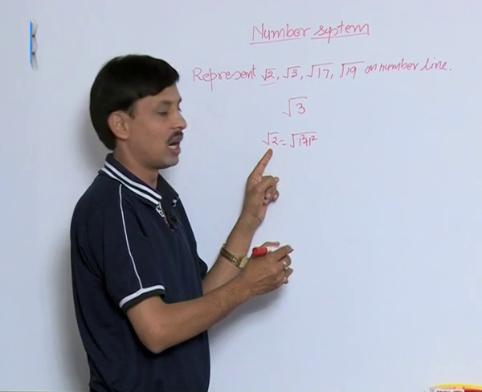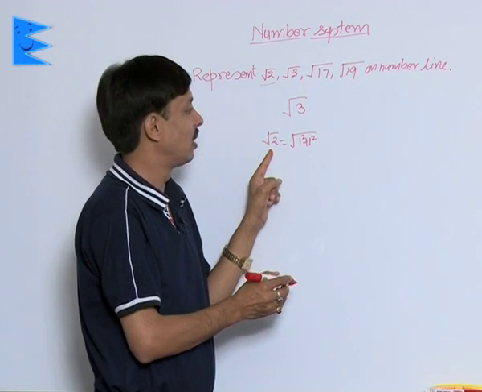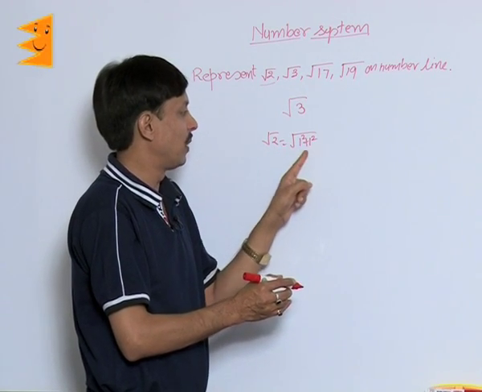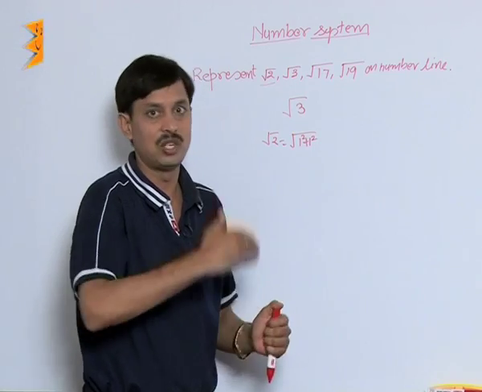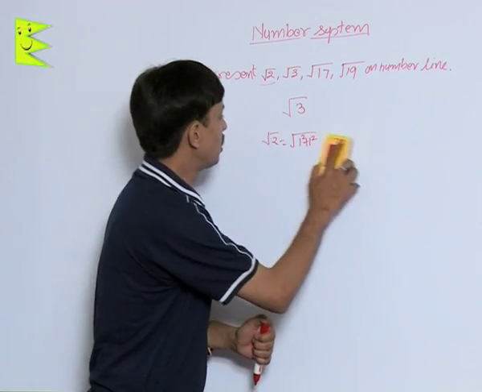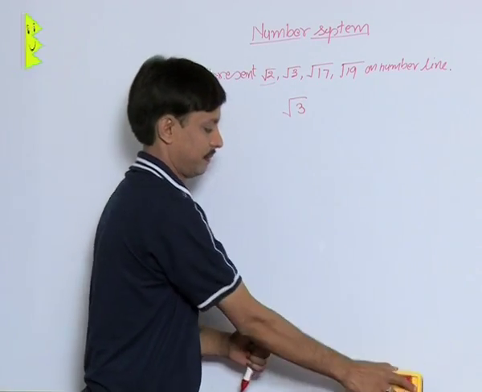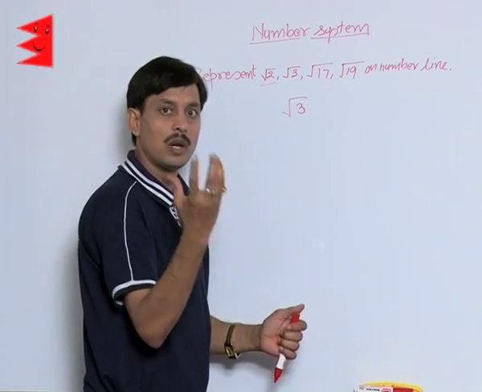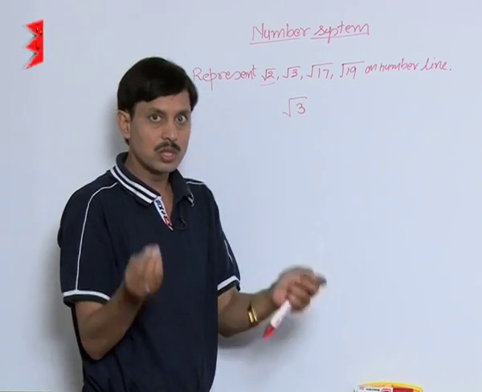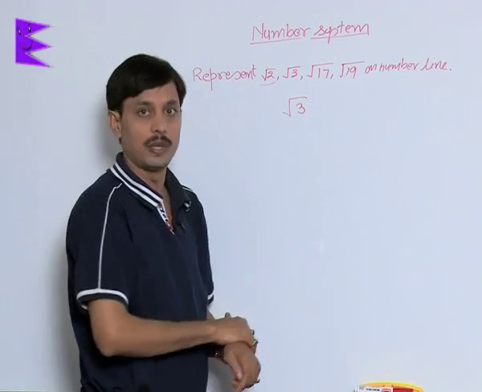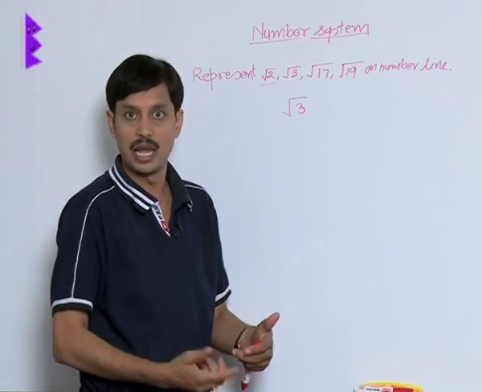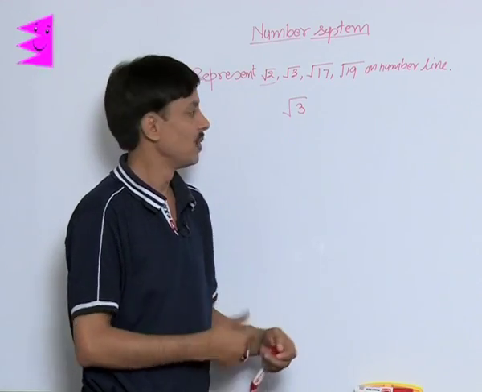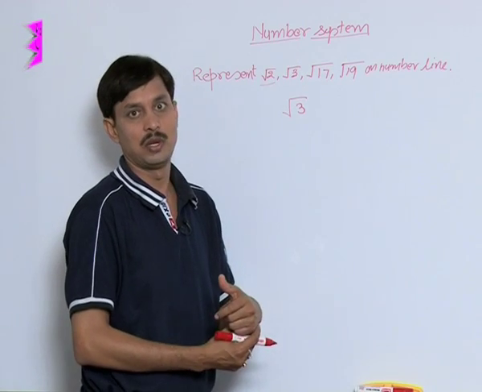So root 2 is the hypotenuse of that right angled triangle whose base and perpendicular were both 1, as discussed with you. On the same pattern, if I try to find two numbers whose sum of squares is 3, it is not possible.